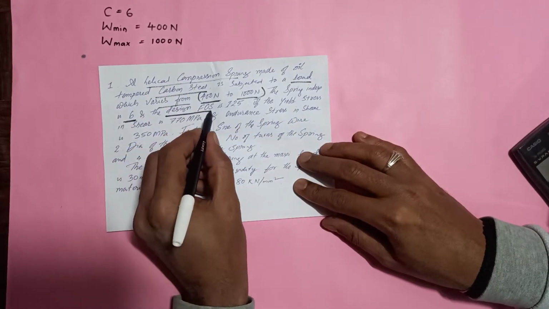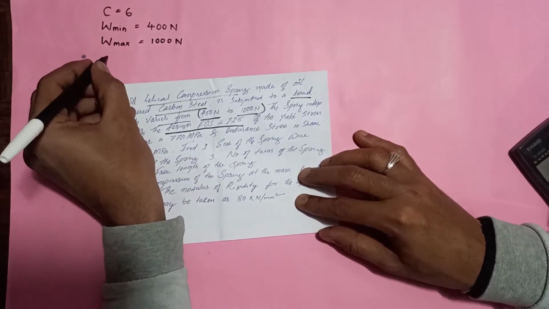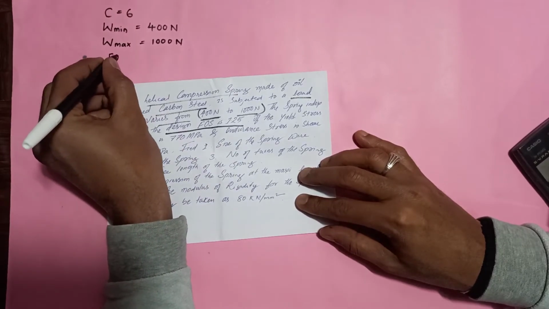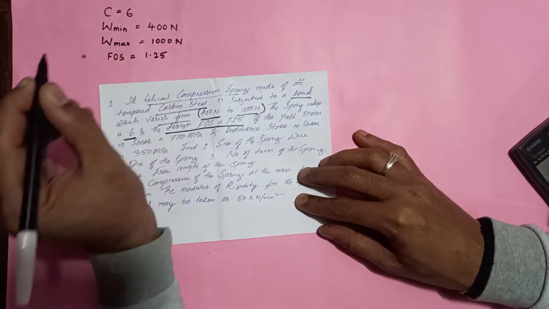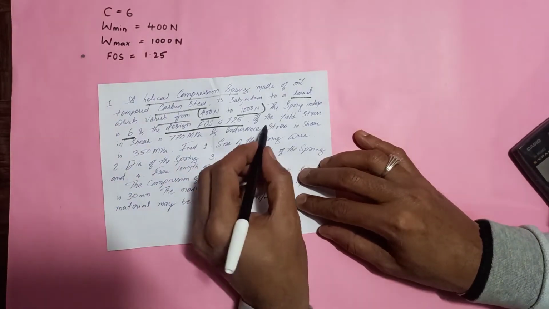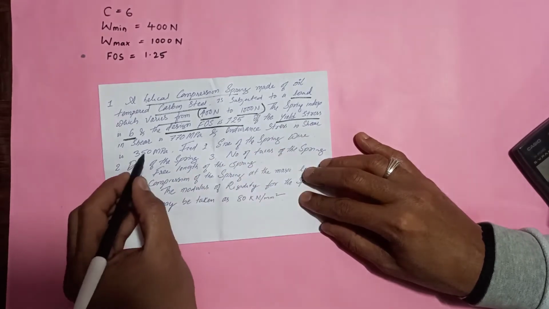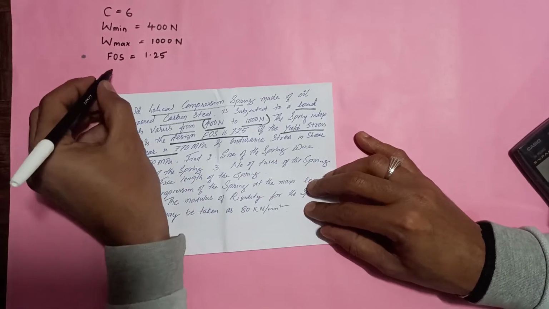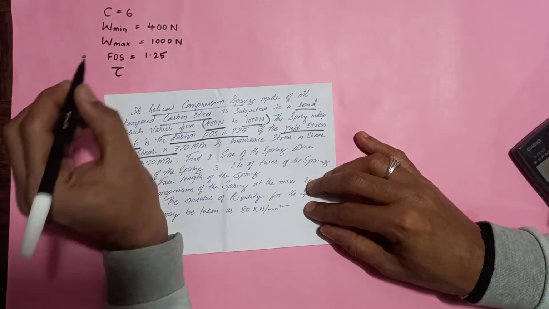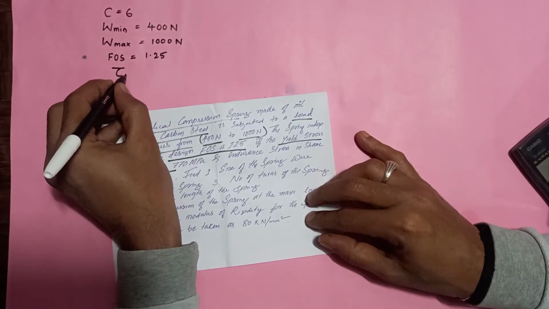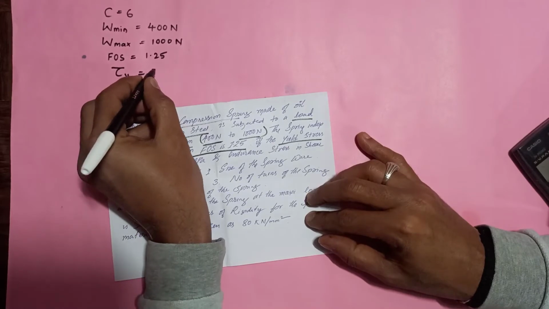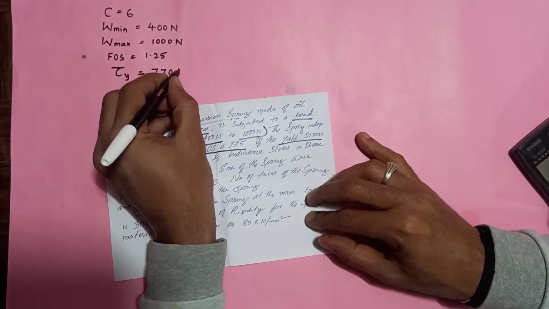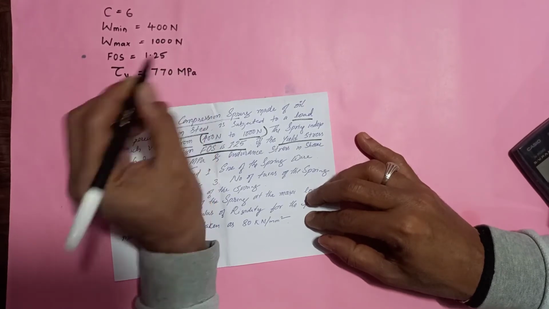Next, the design factor of safety is 1.25, that is, FOS is taken as 1.25. The yield stress in shear, denoted as tau y, is given as 770 megapascal.